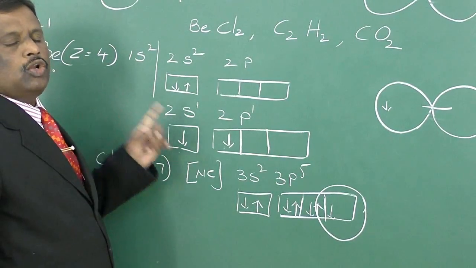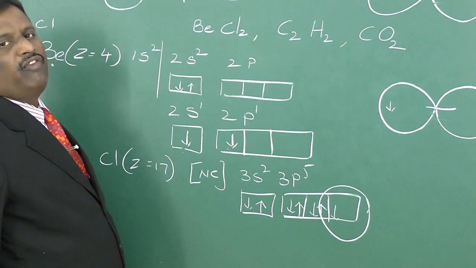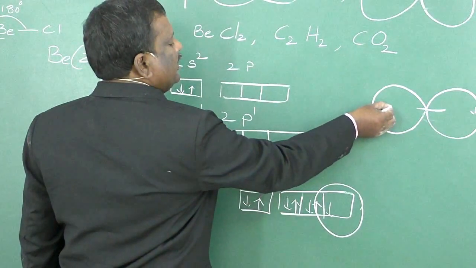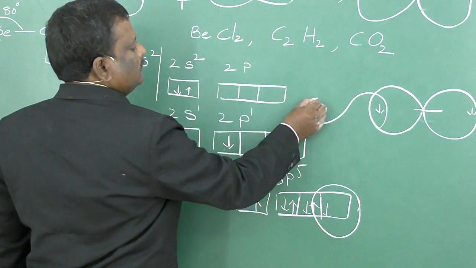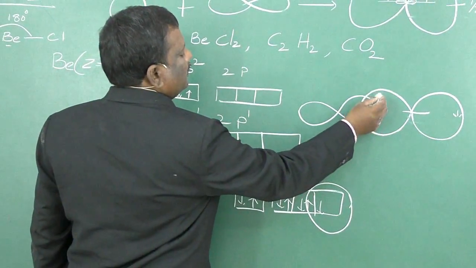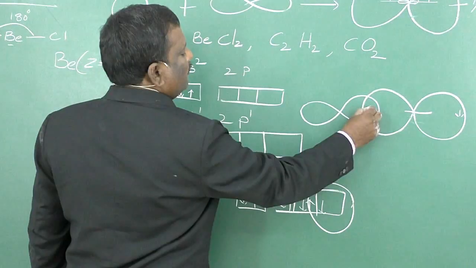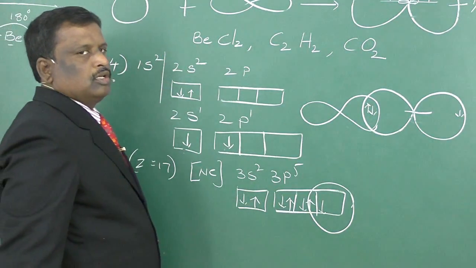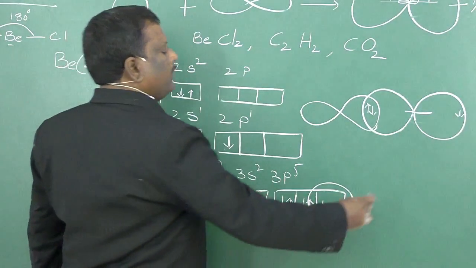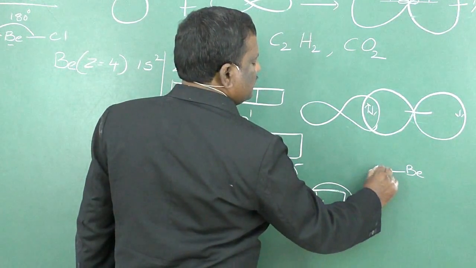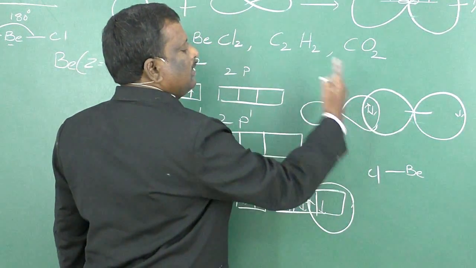So in each chlorine atom we have one half-filled p orbital. The half-filled p orbital of chlorine overlaps with the half-filled Sp hybrid orbital of beryllium, and by mutual sharing of that pair forms one sigma bond between beryllium and chlorine. This is one Be-Cl sigma bond.